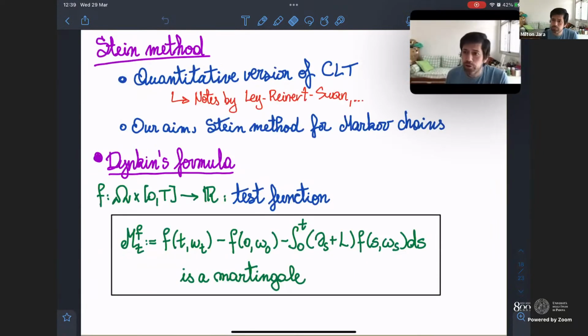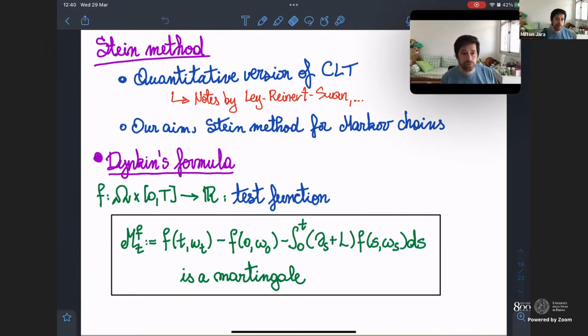So with the minutes I have left, I wanted to give you another type of methodology that is also quantitative and doesn't rely on reversibility or things like that, which is Stein's method. Stein's method is a very clever way to prove quantitative CLTs.